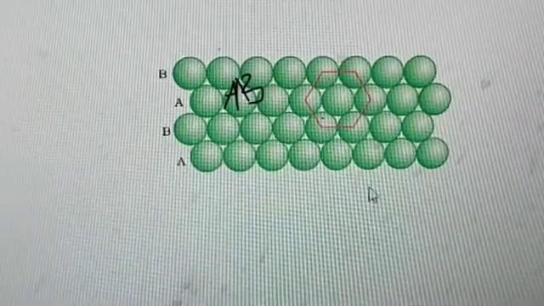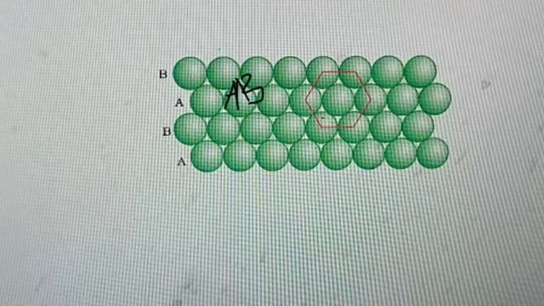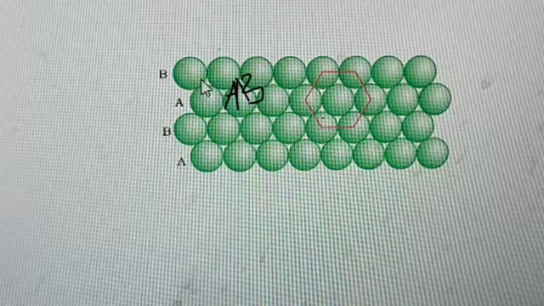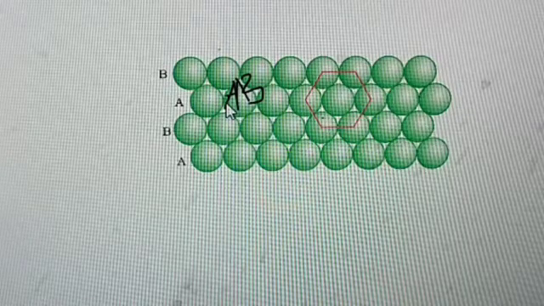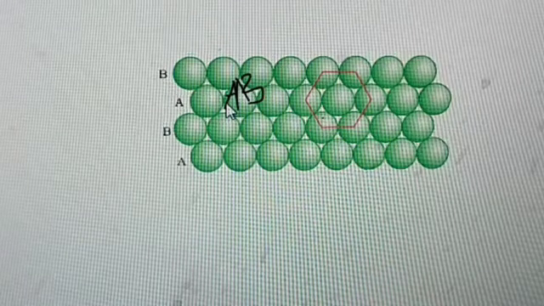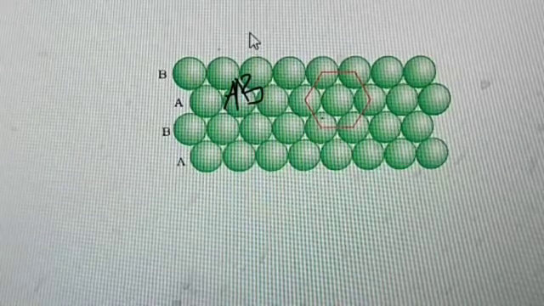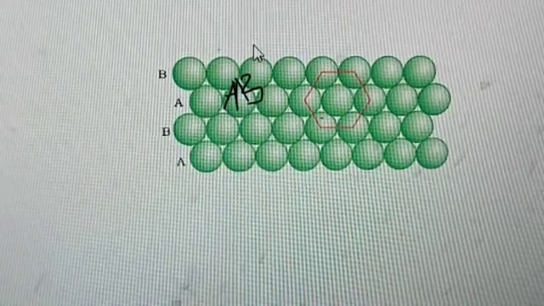in this arrangement, when we compare with the first one, that means the AA type of arrangement, here the space between the constituent particles is very less. As there is less free space, this packing, the AB arrangement, is more efficient than the AA arrangement. Why?